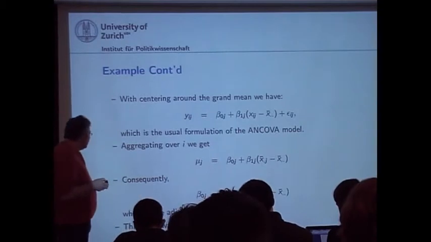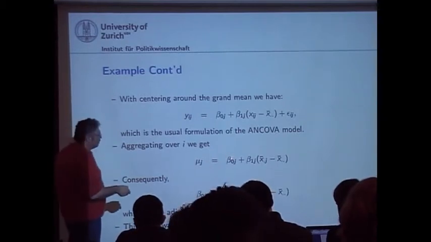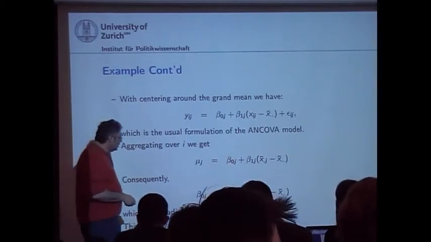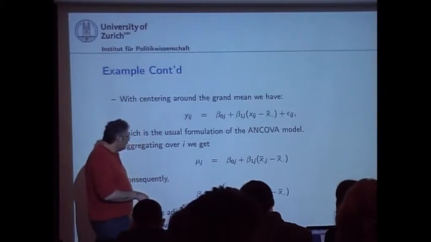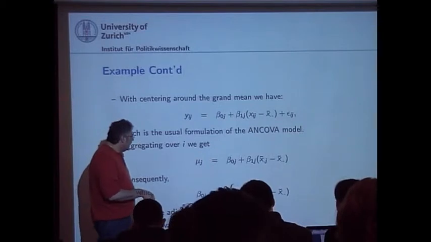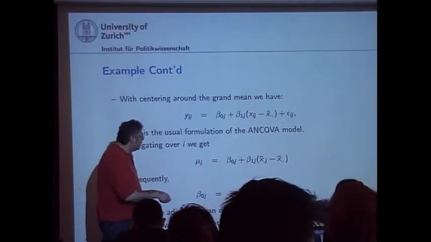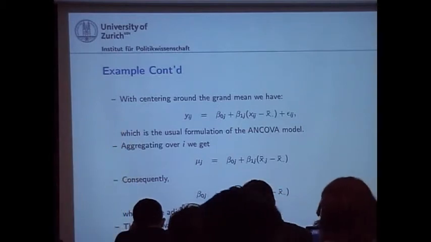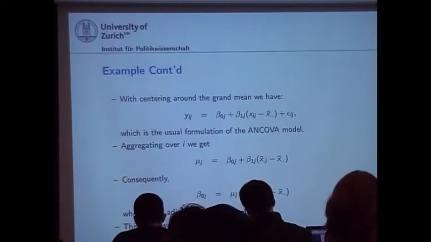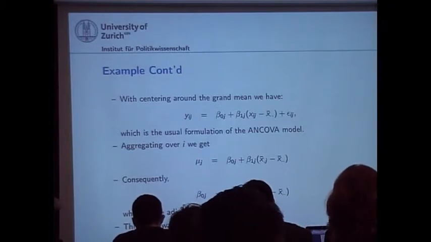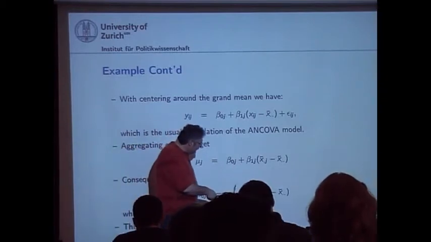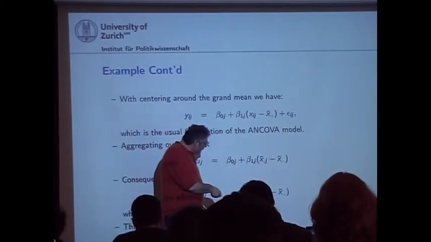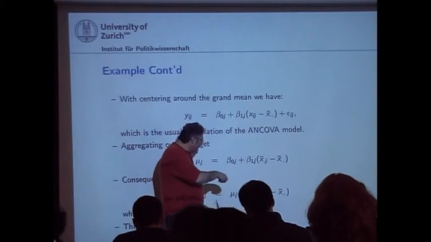And we can now interpret this beta 0j as the difference between the observed group mean and the mean implied by the value of x, the mean of x in this case. This is called the adjusted mean of y. And that can always be interpreted for the simple reason that this expression can always be evaluated.